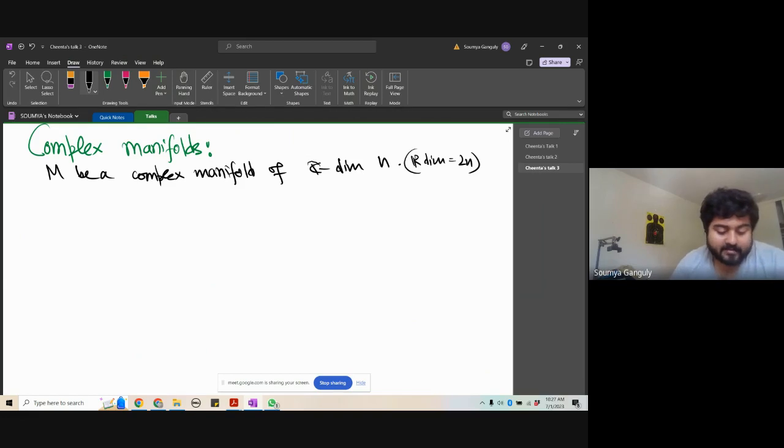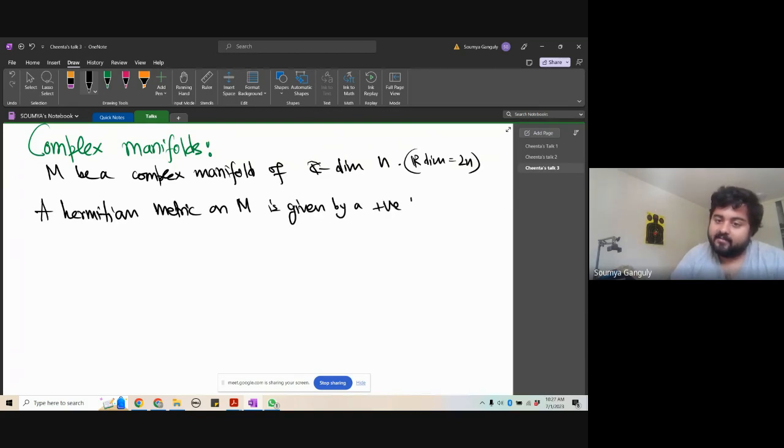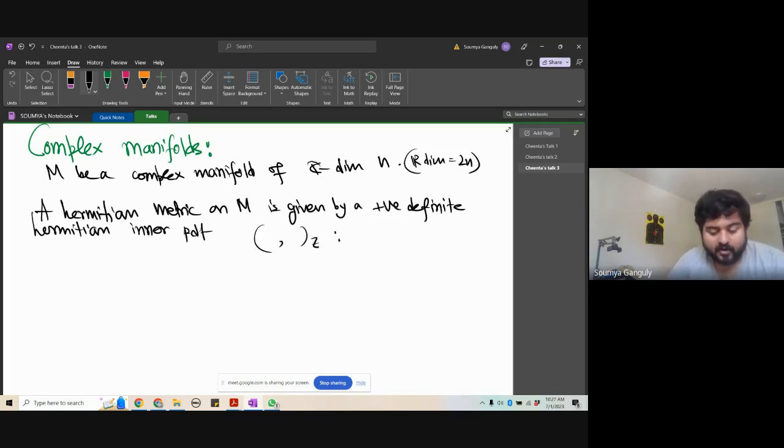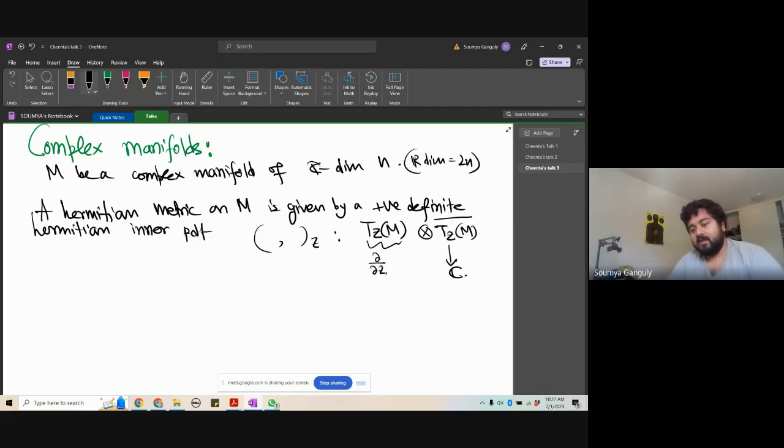A Hermitian metric on M is given by a positive definite Hermitian inner product that goes from TzM times TzM bar to C. Basically, you can think of this as the space where all the del z's live, and this is the space where all the del z bars live.